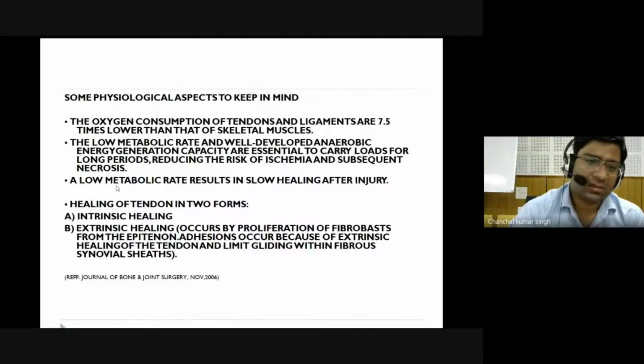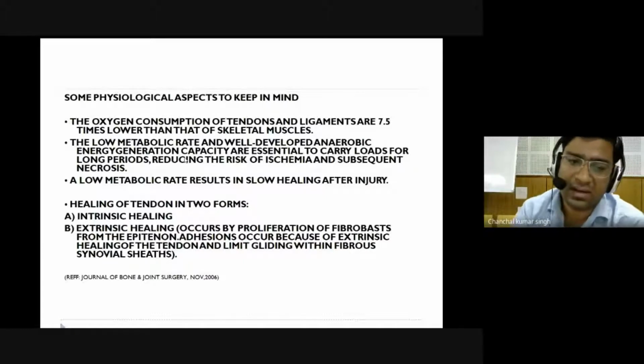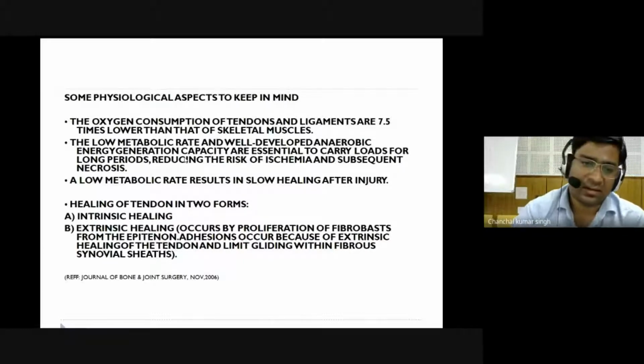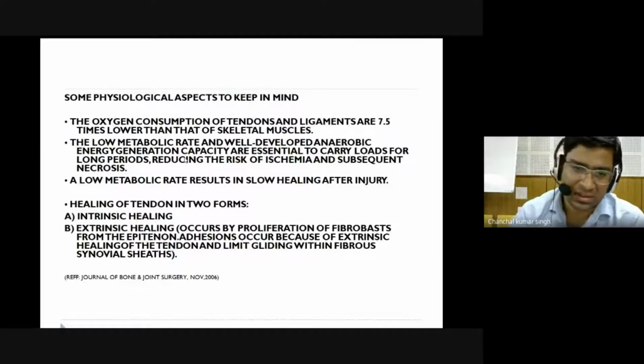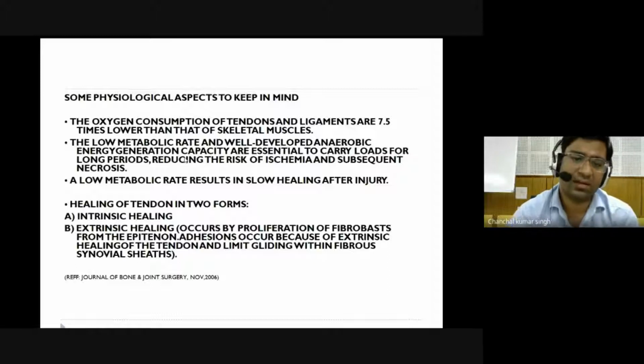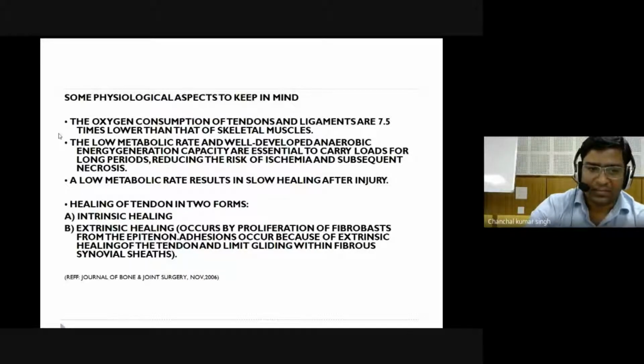The flip side of it is a very delayed and low healing rate as compared to other tissue. It's directly proportional to vascularity. Structures with higher vascularity, such as the face and muscles, heal very rapidly. The flip side here is that tendons will heal very slowly post injury because of the low metabolic rate and low vascularity.